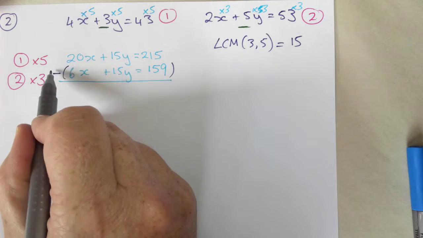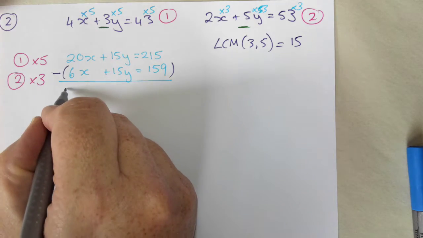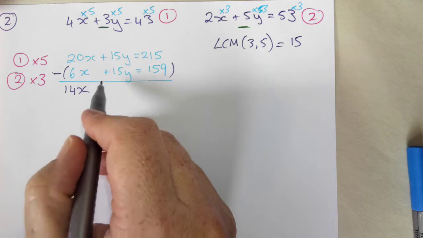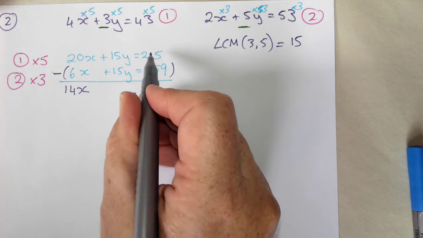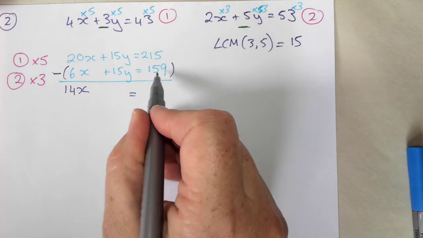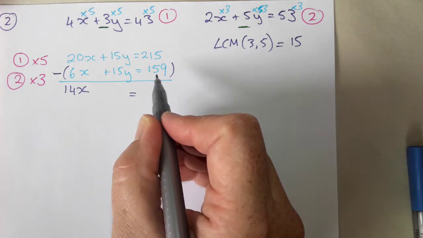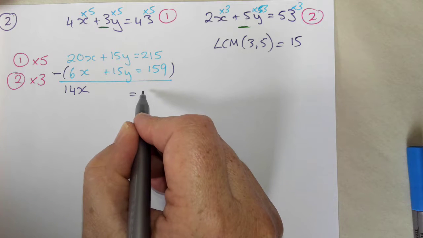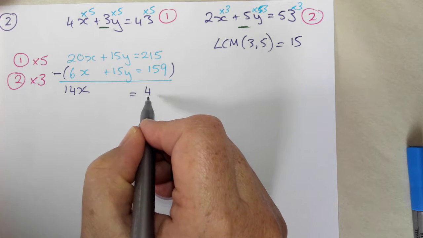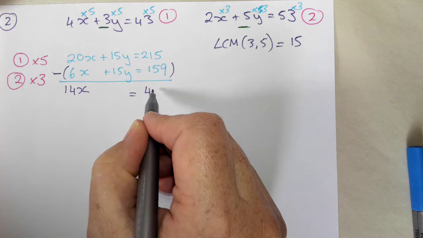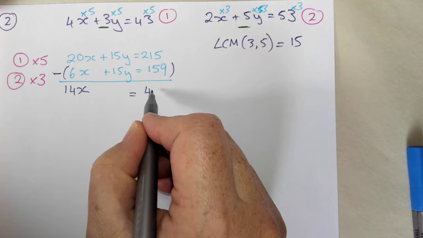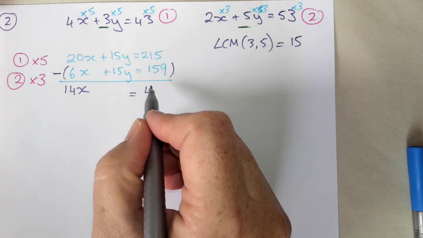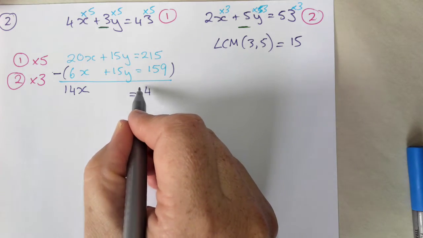So 20x take away 6x is going to leave me with 14x. 15y take away 15y is going to cancel, and 215 take away 159 is going to leave me with 56.